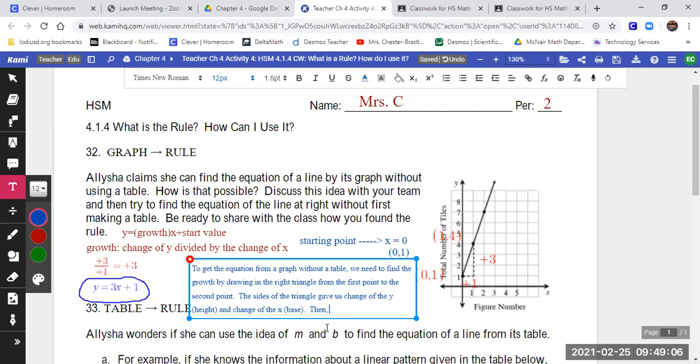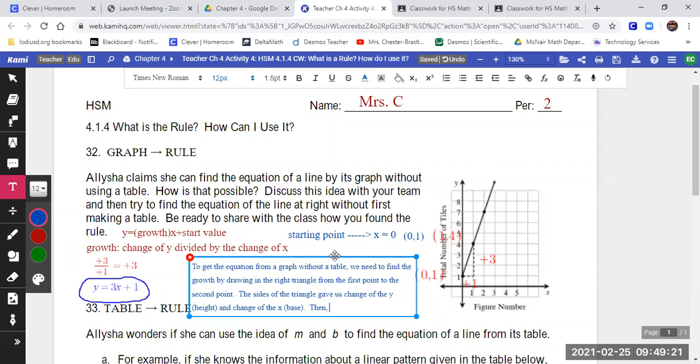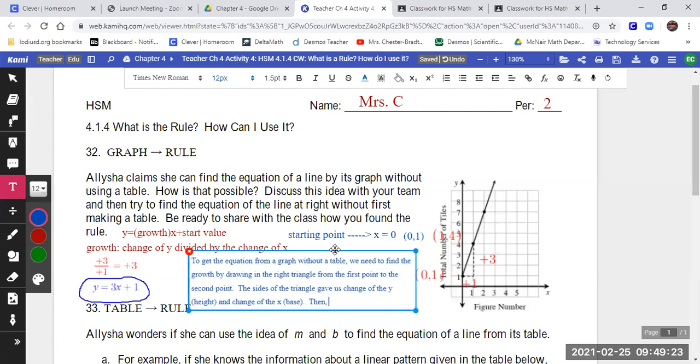What was our last piece of our equation finding process that we looked for on the graph? What do we need to finish off?